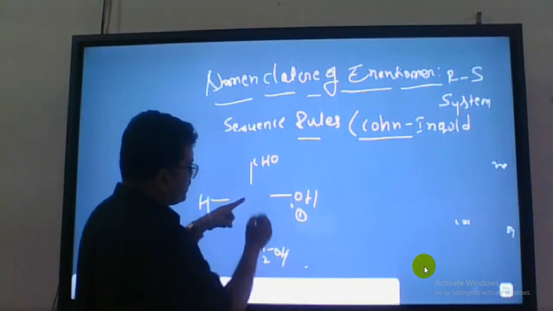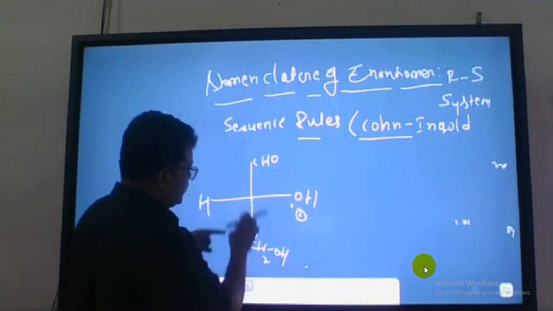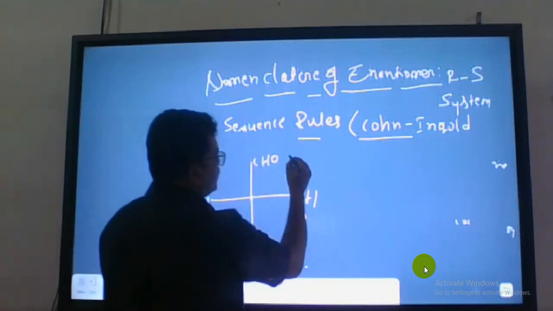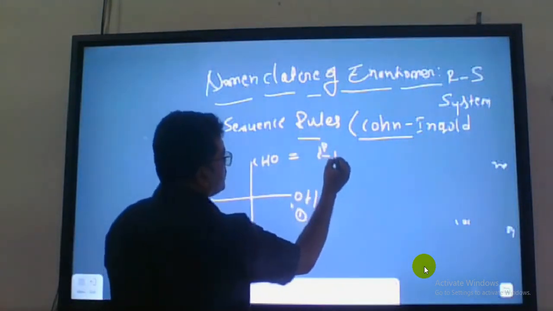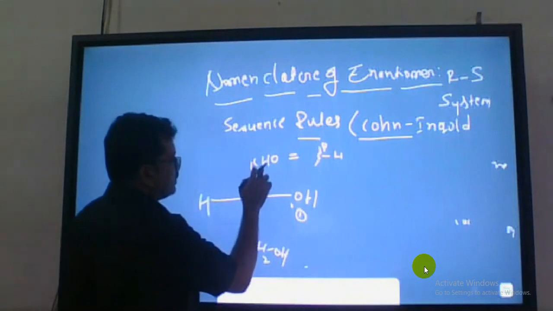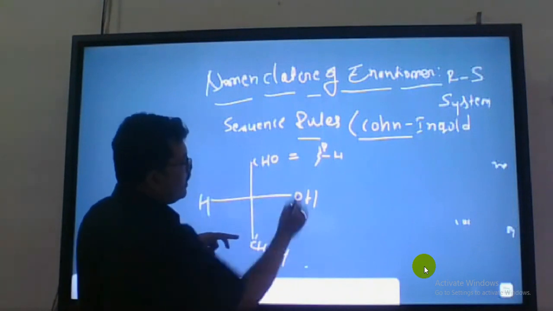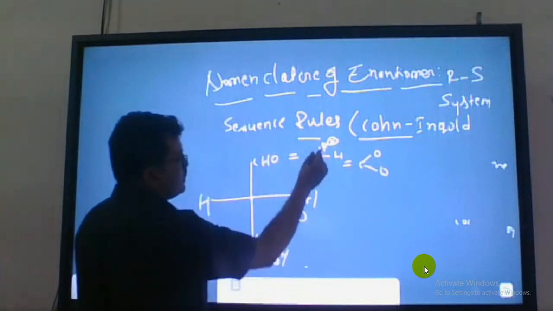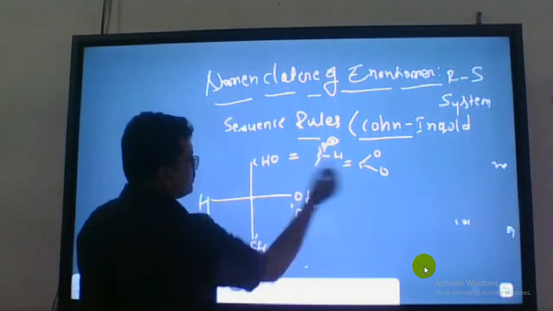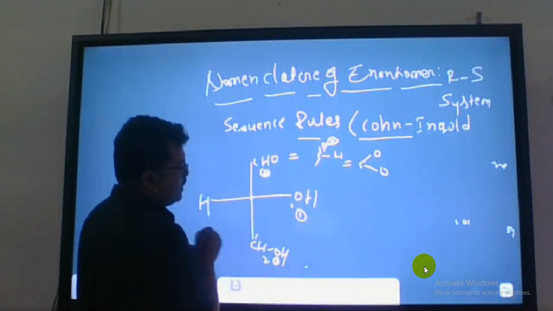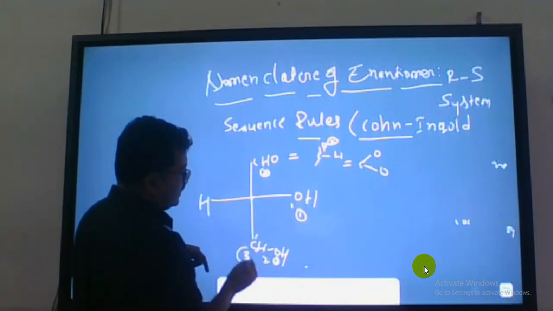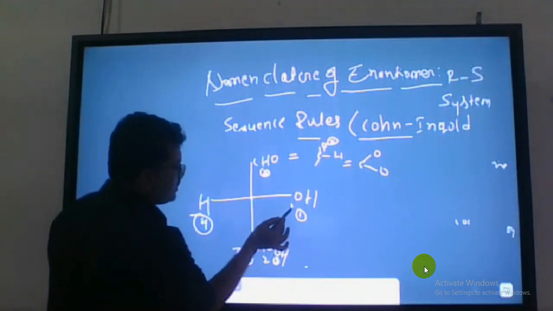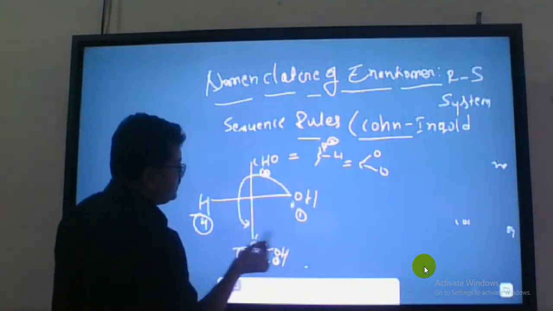Next, this carbon is attached to this CH2 and also CHO. What can be written here, C double bond OH? Look at this molecule. Here CH2 has only 1 oxygen, here how many do you have? You can write it as 2 oxygens, since a double bond counts as 2 oxygens. So 2 oxygens takes priority 2, and then this CH2OH is 3, and this is 4. So now the configuration is 1, 2, 3.